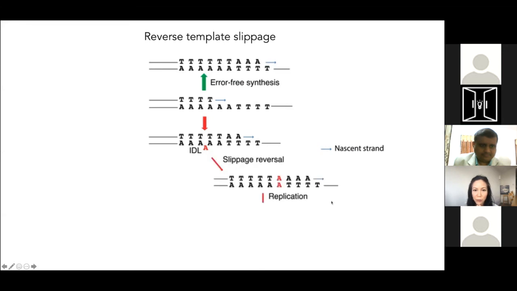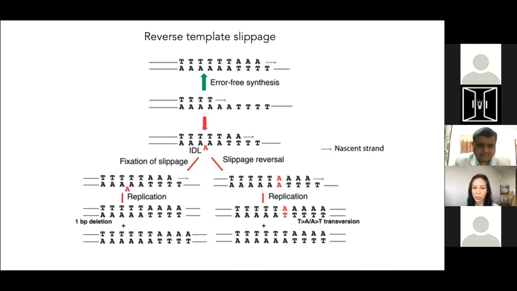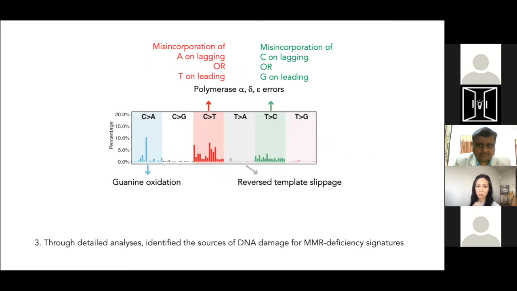And now if at this point, the template reverses back to its original alignment, so the IDL then disappears, what you're going to get is an AA mismatch. And that would result in the T2A transversion in one of the daughter cells in the next round of replication. Now, if the slippage remained, which is what we usually expect, then you get the standard phenotype of the single nucleotide deletion, a feature that we know to be seen in mismatch repair deficient cells.